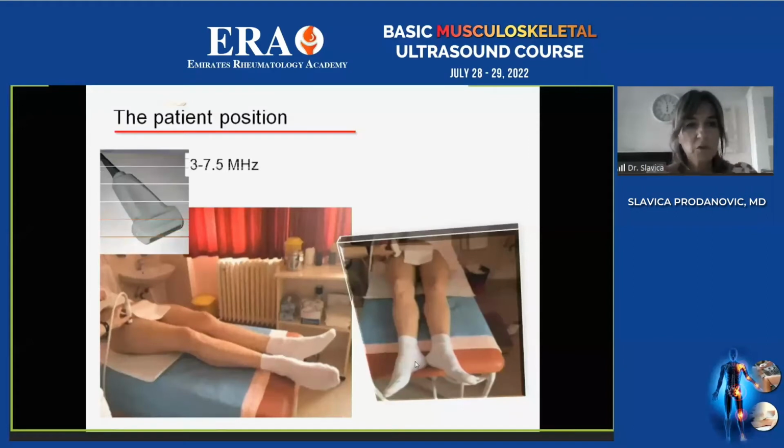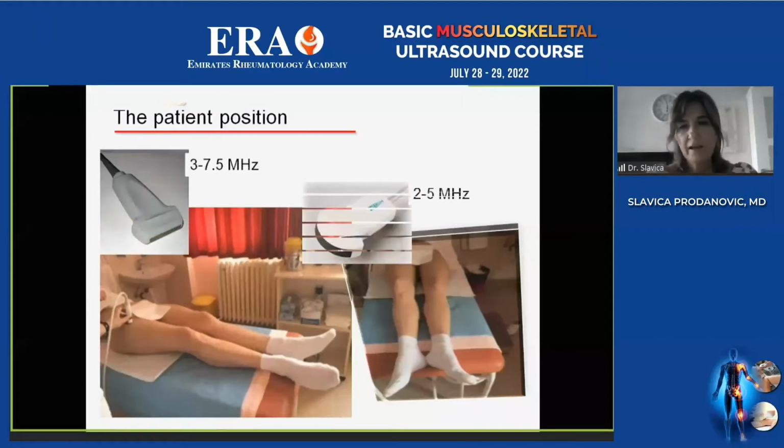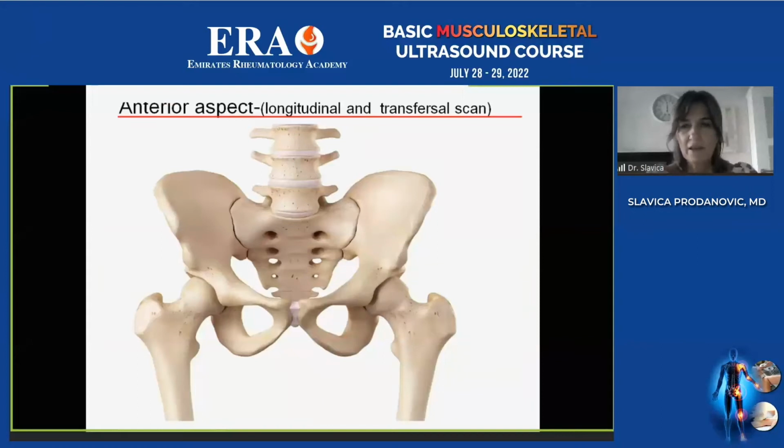We are using a low-frequency linear or convex probe. In everyday clinical practice, we usually explore the anterior and lateral parts of the hip joint. Let's see the ultrasound examination of the anterior part.